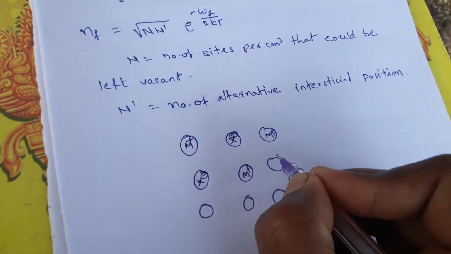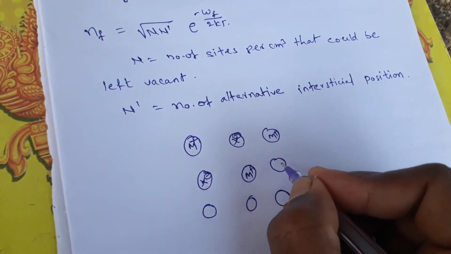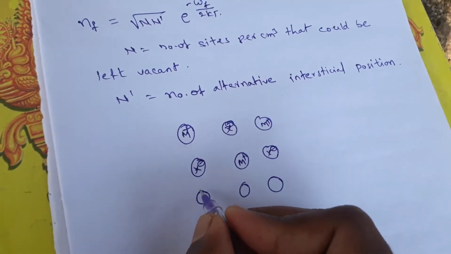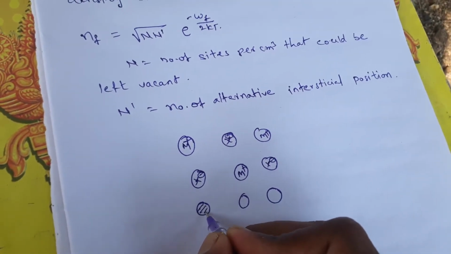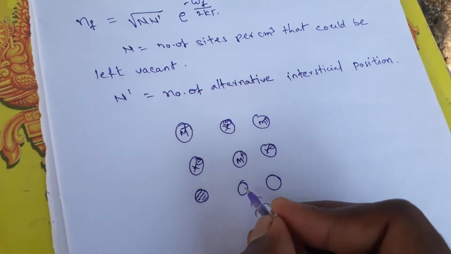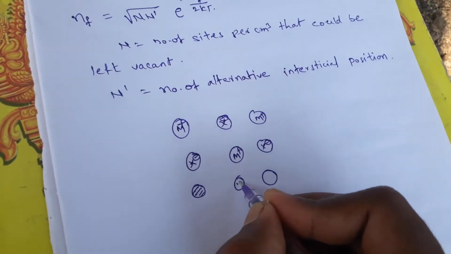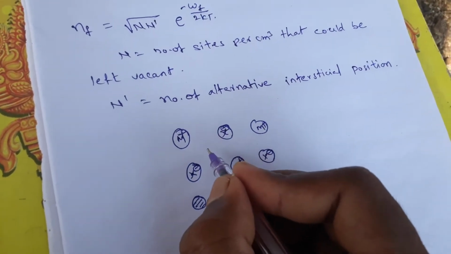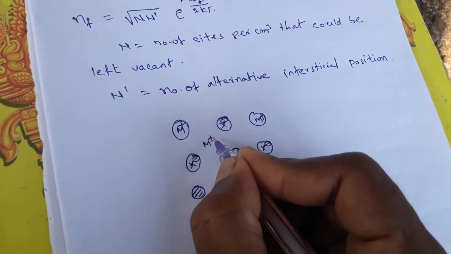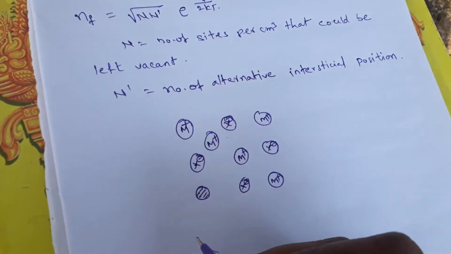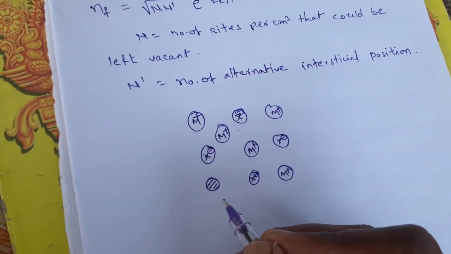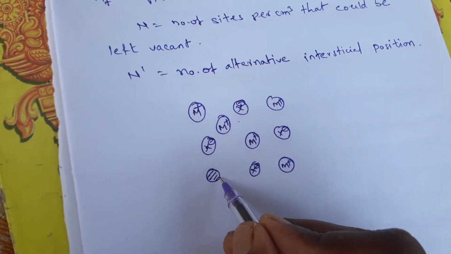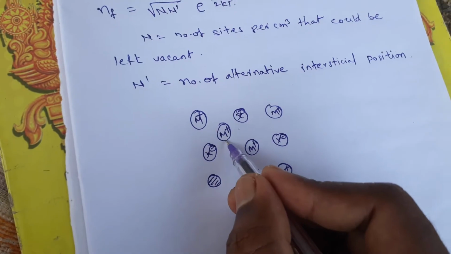Next, if you see here, it is an anion, X minus. But here, any metal cation will go into that interstitial position, so here it is M plus, accommodated somewhere here. So this is due to it occupying the vacancy, so it is replacing the position of the metal from here to here.